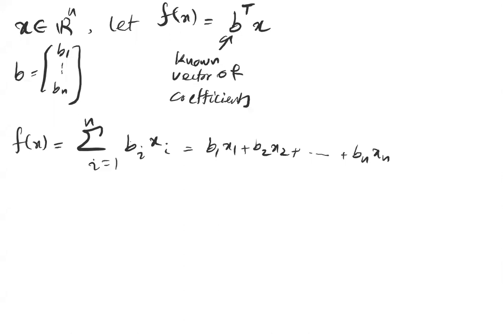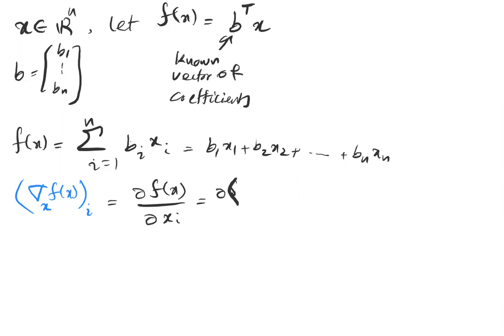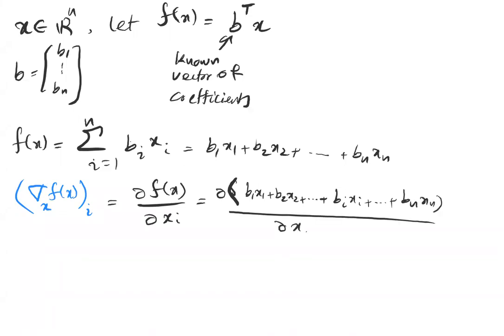If you want to find element i of the gradient, so the gradient of f of x with respect to x, element i of this is going to be the derivative of f of x with respect to x i. If we do that, it's going to be the derivative of b1 x1 plus b2 x2 plus bi xi plus bn xn with respect to x sub i.